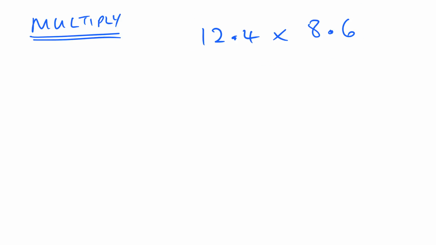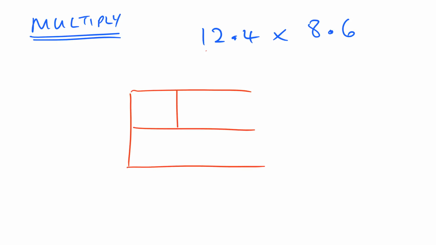We look at our question and we say, well, okay, here we've got 3 digits, and here we've got 2 digits. So we're doing a 3-digit number multiplied by a 2-digit number. So I'm going to draw a box which is 3 by 2. Okay, 1, 2, 3 by 2. All right. We'll start with the number here, 1, 2, 4.